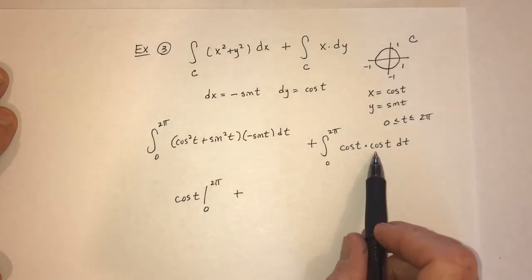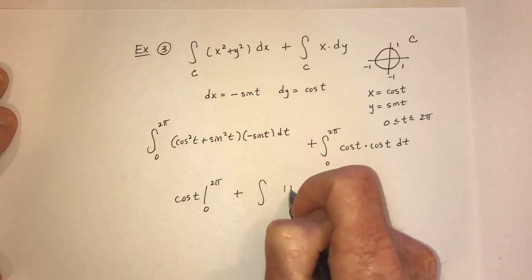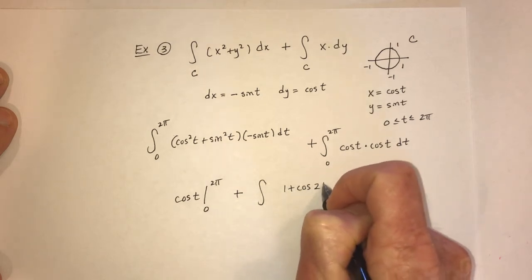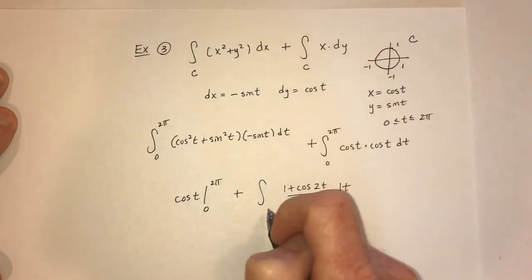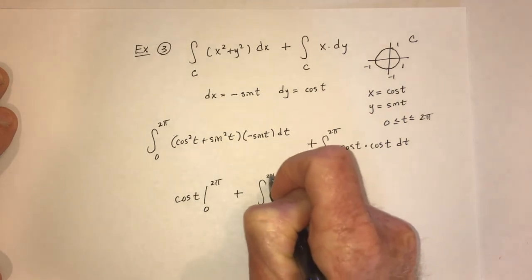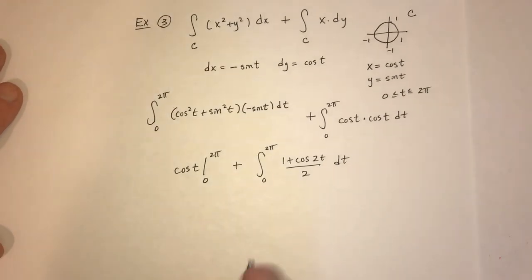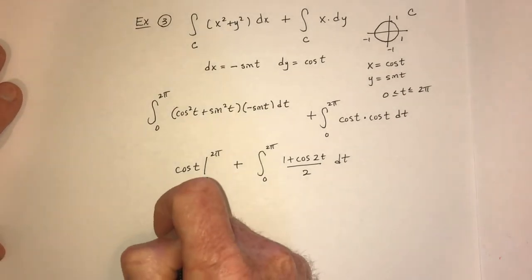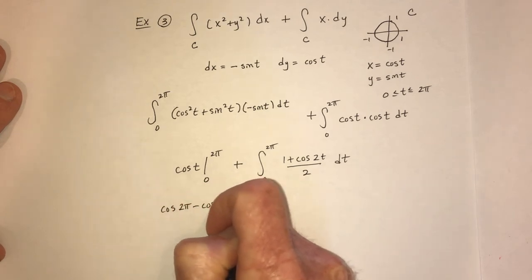Then this one is cosine squared, so for that I need to use the trig identity that it's 1 plus cosine of 2t over 2, from 0 to 2 pi. Okay, so this one is going to be cosine of 2 pi minus cosine of 0.